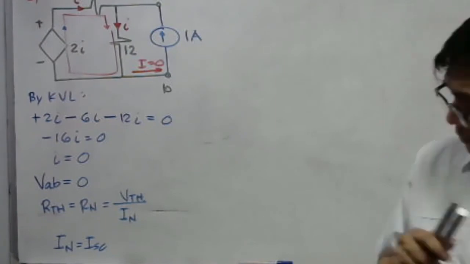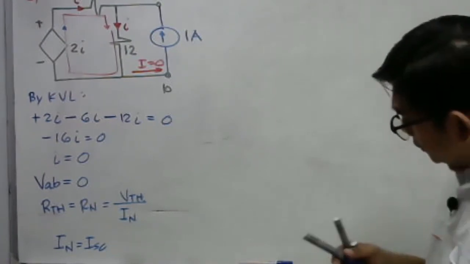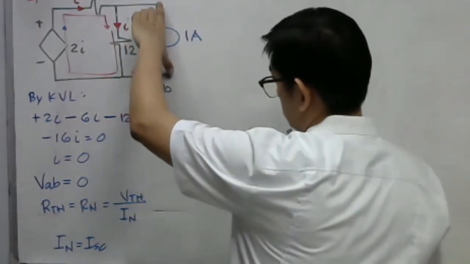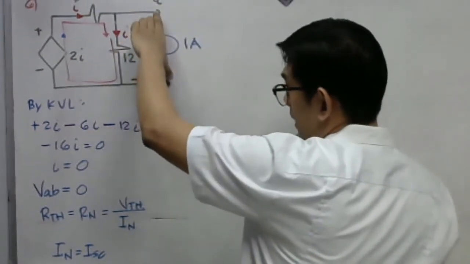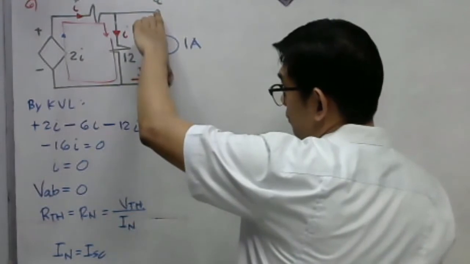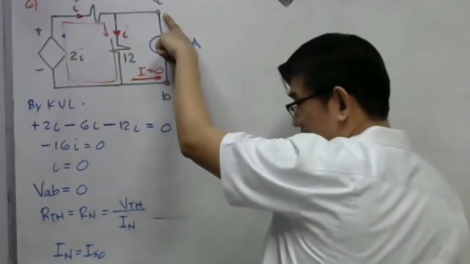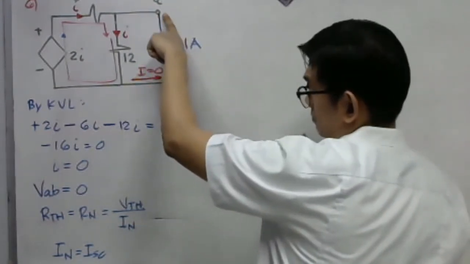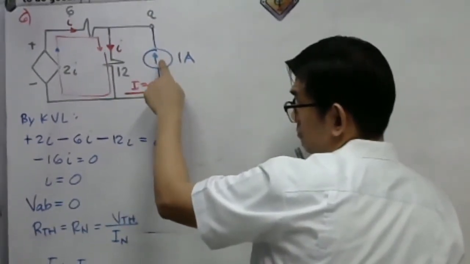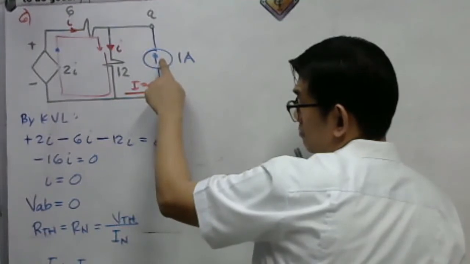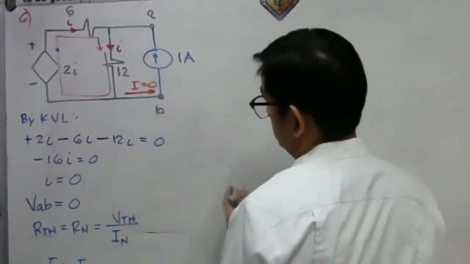So, we assume that we short-circuited our terminals A and B. So, there is a current flowing here of 1 ampere.